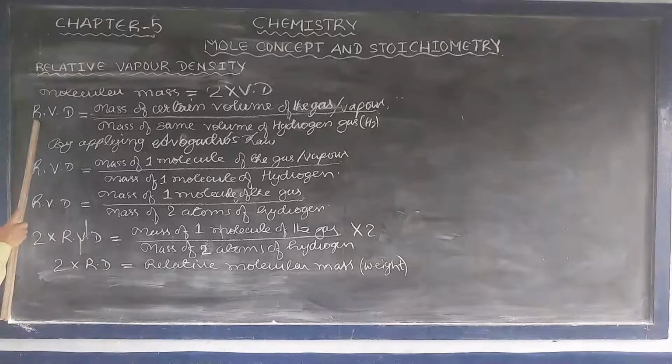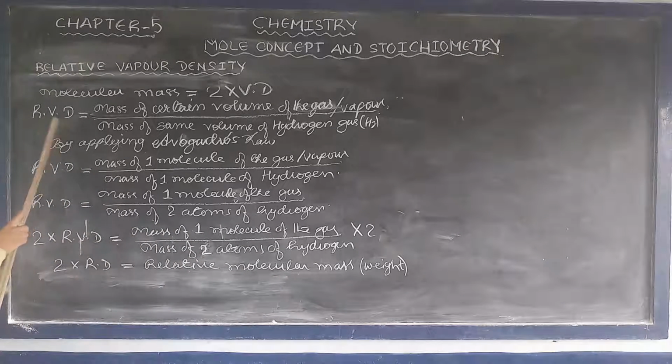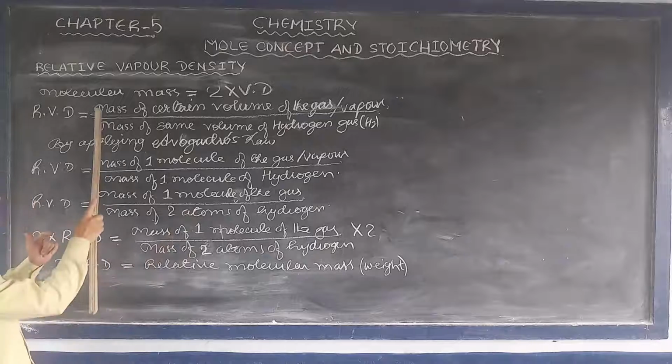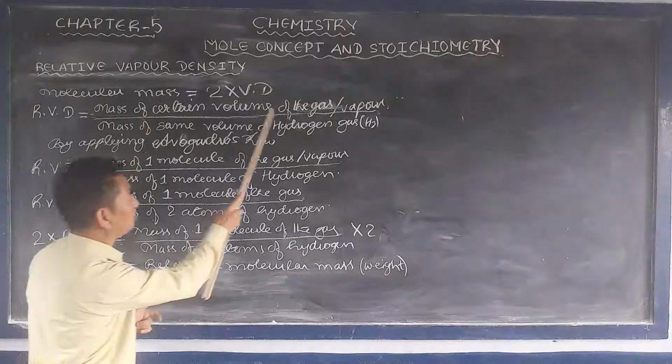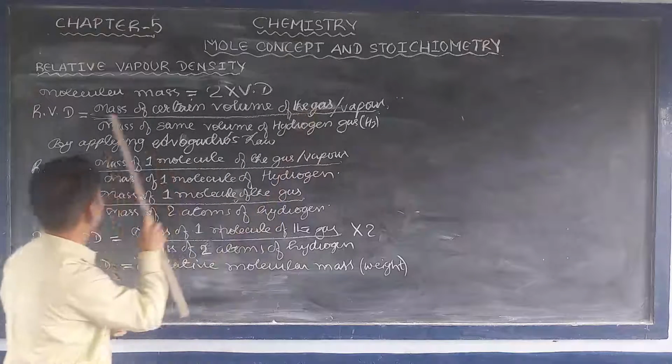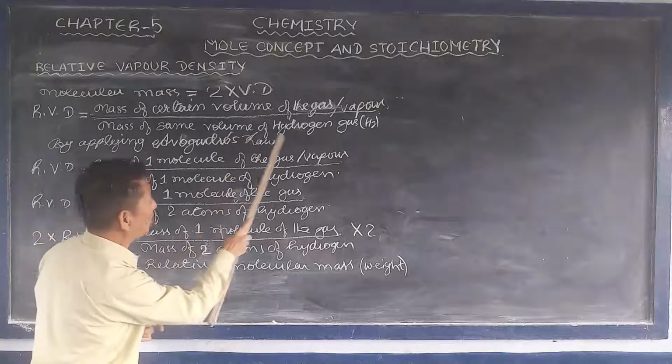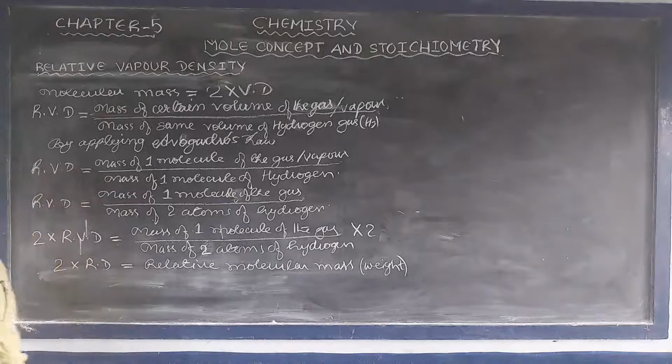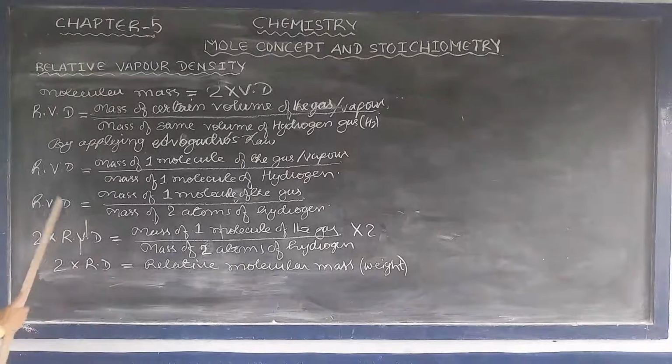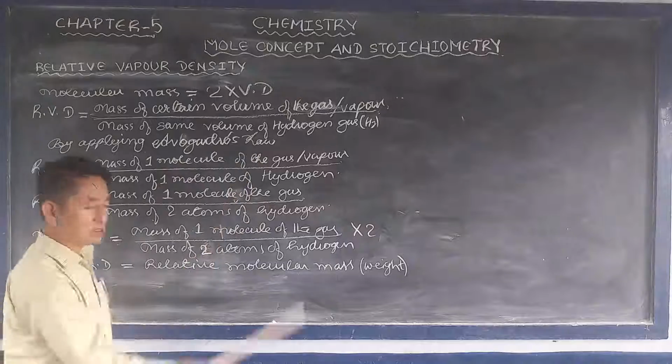Relative vapor density is the ratio of the mass of a certain volume of the gas or vapor to the mass of the same volume of hydrogen gas. Now the next step, by applying Avogadro's law.